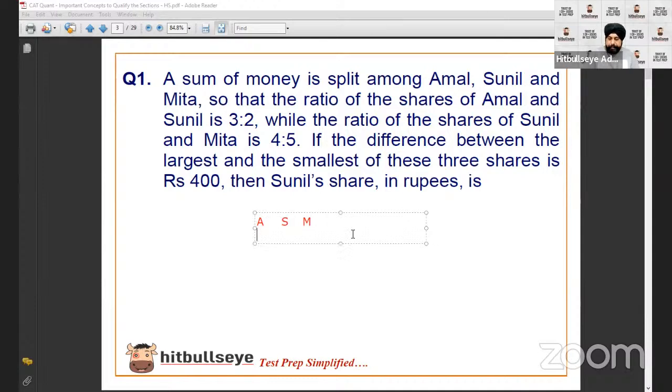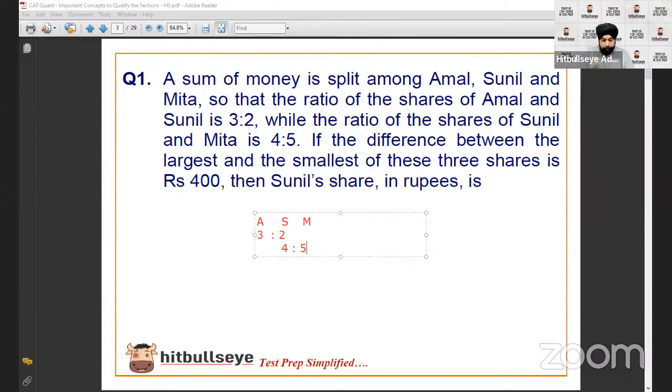We have to find that it says the ratio of A and S is 3:2. And as per the question, the ratio of S is to M is 4:5. So people, the common person there is S. As the common person there is S, we need to find the LCM.